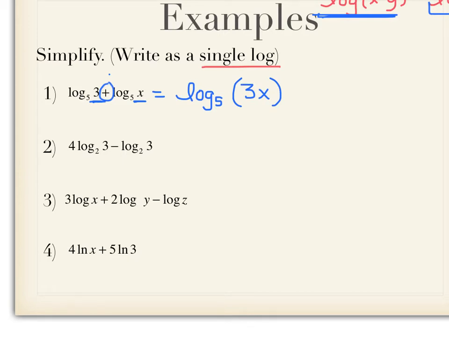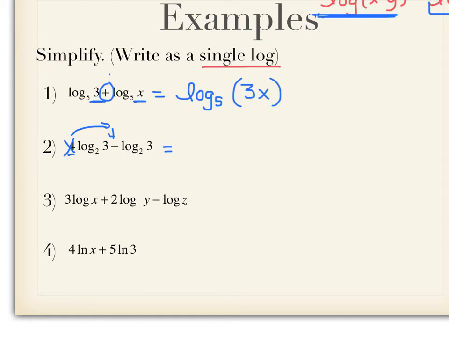Okay, let's look at this next one. This 4 out front. Remember the power property, the last one we wrote down, said that you could take the power and slide it down in the front with multiplication. So I'm going to put it back. Okay, I'm going to put it here. I'm going to make it 3 to the 4th power. And then, because this is subtraction, I'm going to combine this piece and this piece with division, because subtraction turns into division.